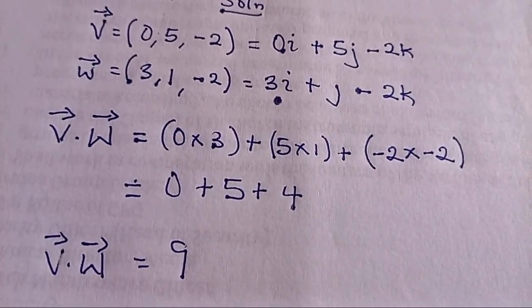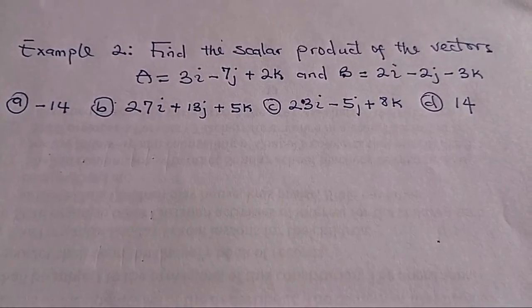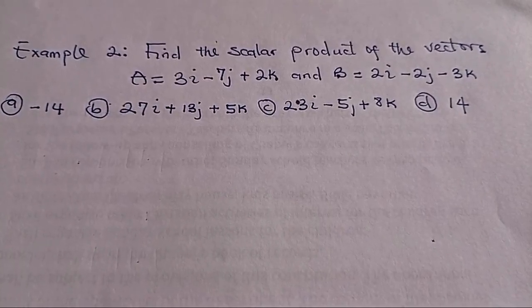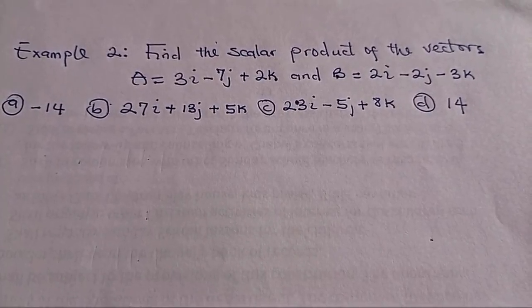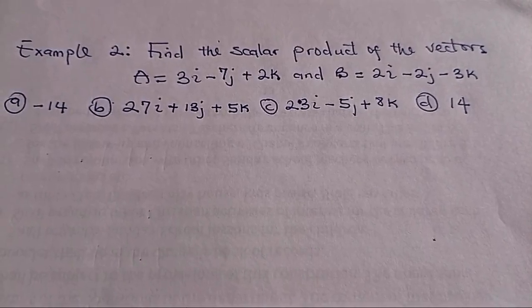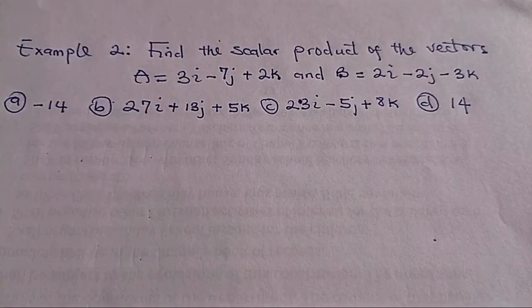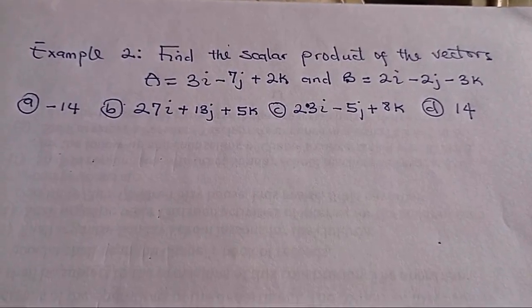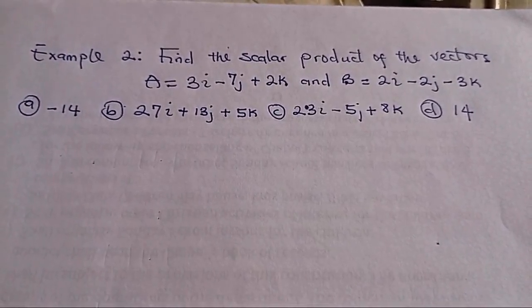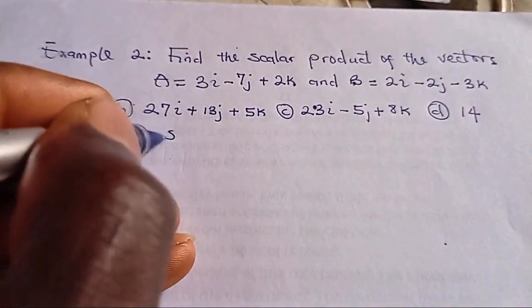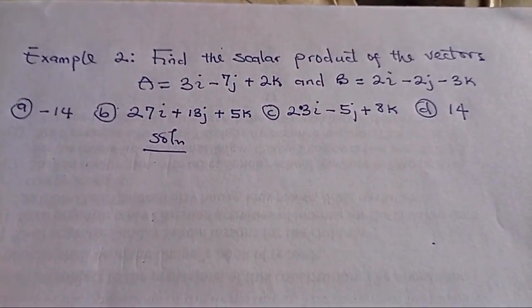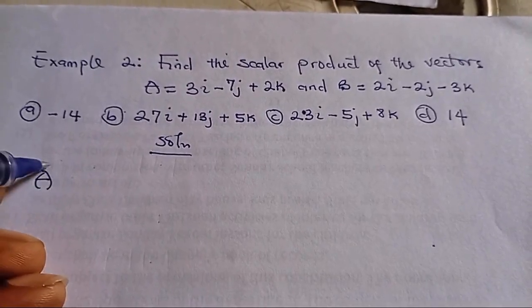Let's look at another example. For the second example here, we are to find the scalar product of the vectors. Vector A is 3i minus 7j plus 2k, and B is equal to 2i minus 2j minus 3k. And the options are given to us to pick the correct option after we have solved it. So for this particular question, remember, scalar product is represented by this.